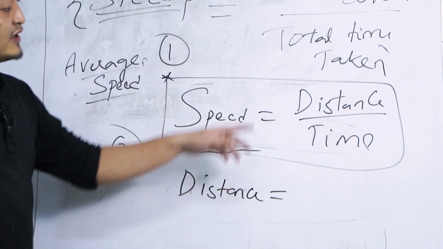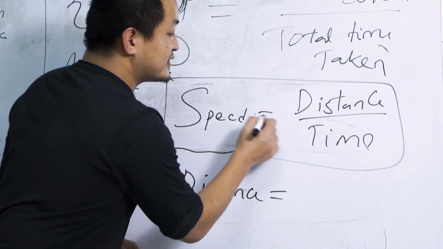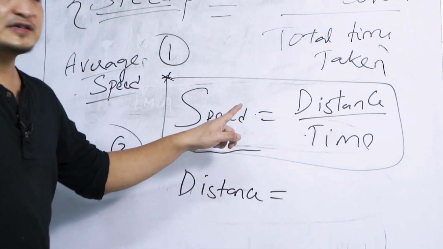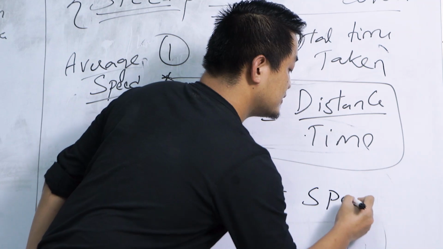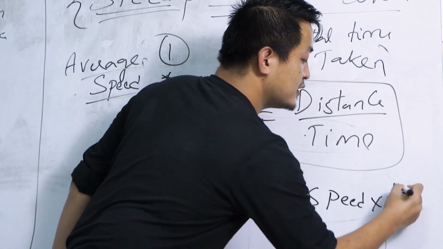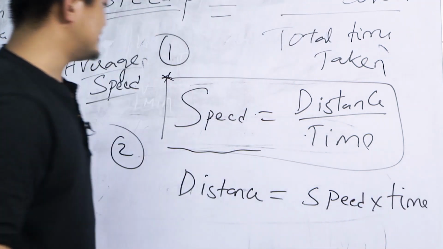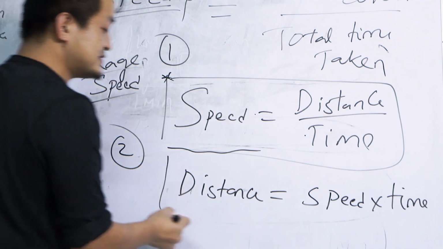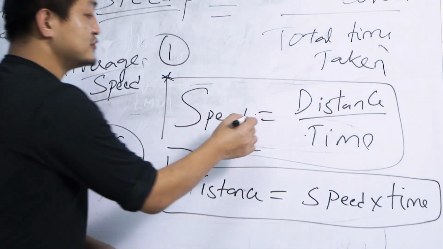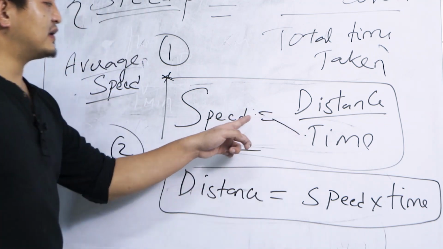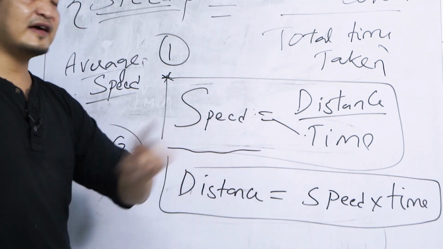Students, look here. Distance means you can take cross multiplication between speed and time. Distance is equal to speed into time. So this is the second formula for distance.